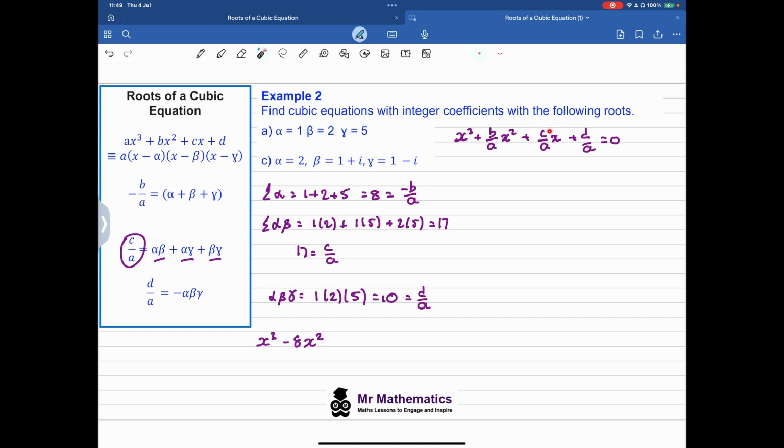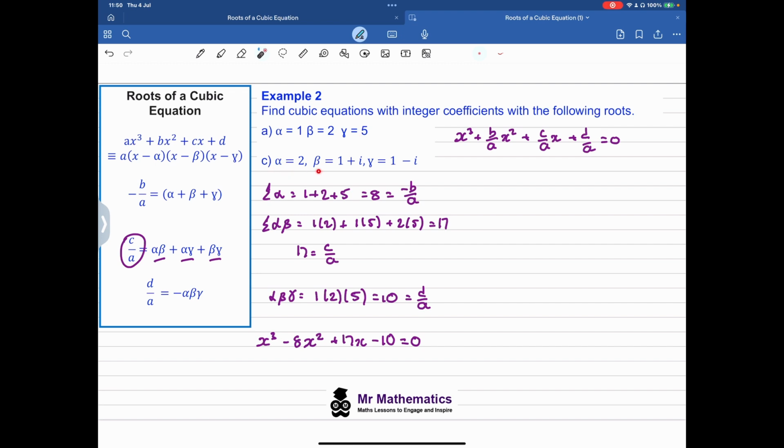We can see the c over a term we know is 17, so plus 17x. And this d over a, we know is negative alpha beta gamma, so this will be negative 10, and this will be equal to 0. So now we have the cubic from the given roots.